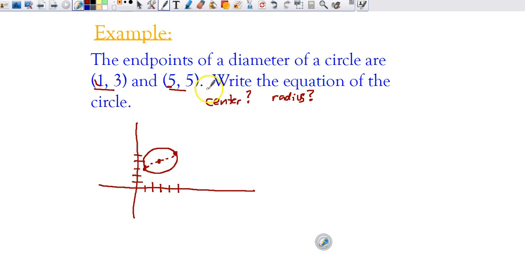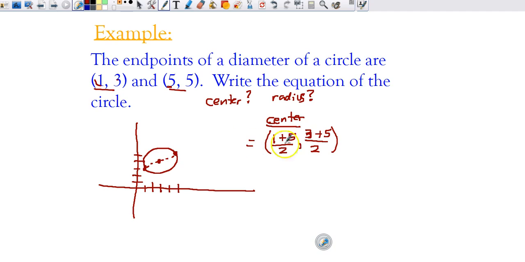Now I'm going to use the midpoint formula to get that and confirm that. So the center is going to be 1 plus 5 over 2. Remember, x1 plus x2 over 2. Here's your x's. And y1 plus y2, 3 plus 5 over 2.